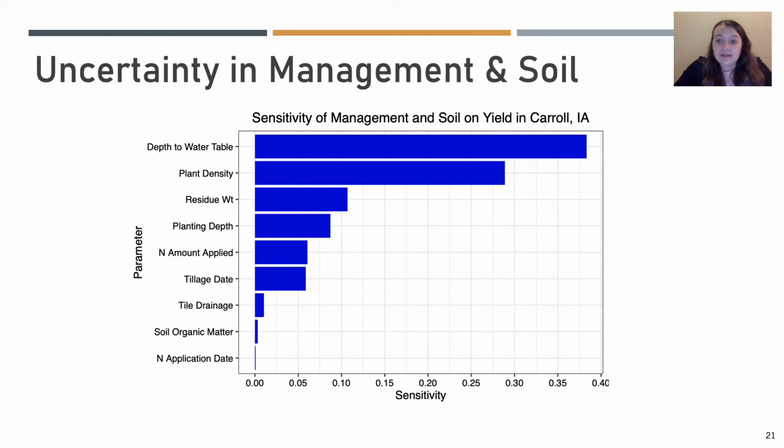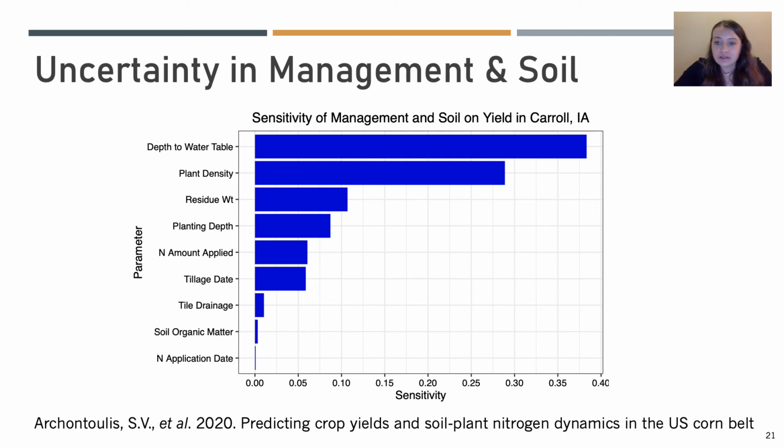As shown, some of these management and soil parameters can have a large effect on simulated yield performance. These results really just reinforce what has already been described in the literature, which is the importance of accurate management information and the fact that 10% of the maize yield sensitivity can be attributed to management parameters.